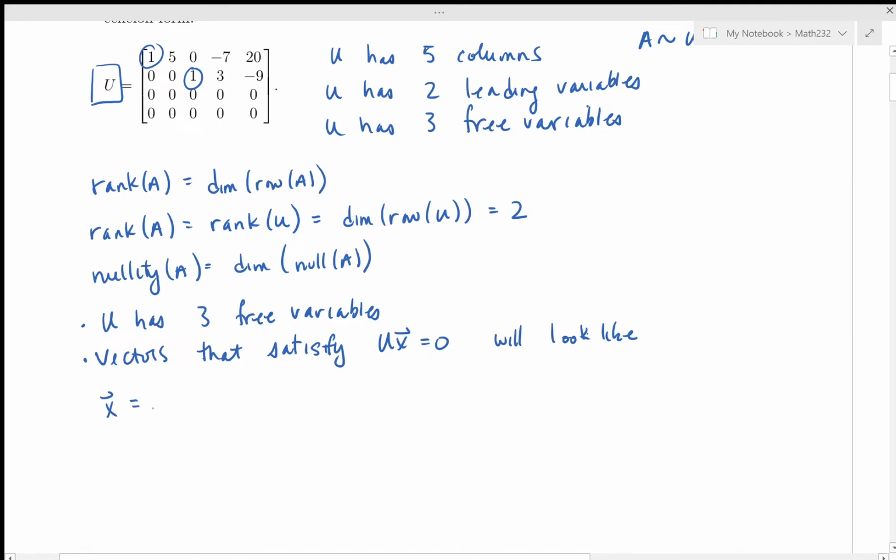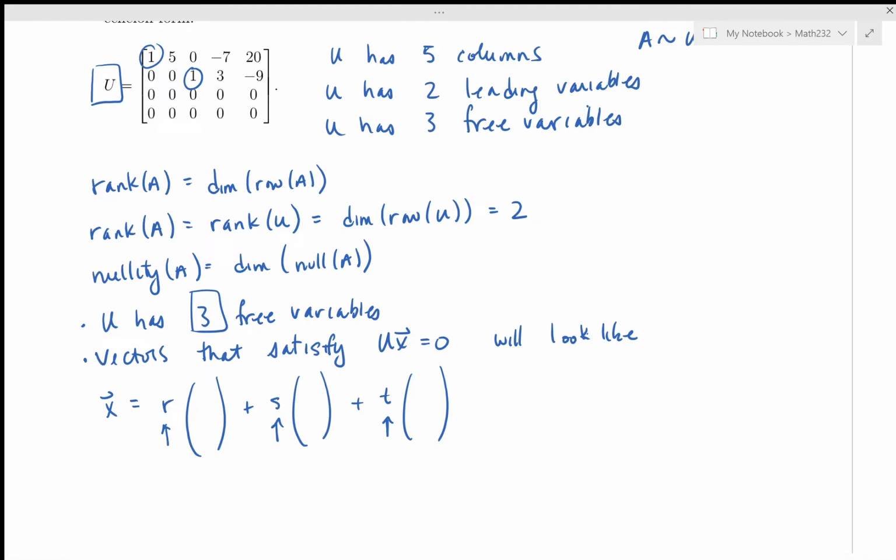X equals r times some vector plus, say another scalar, s times some vector plus a third scalar times a vector. Because of the 3 variable situation, we have 3 degrees of freedom. So that means that the null space has dimension 3. So the null space of A has dimension 3.